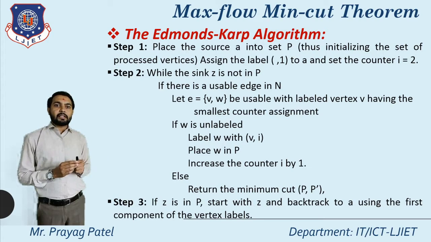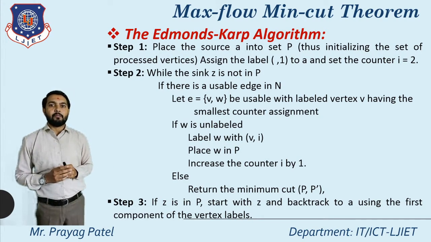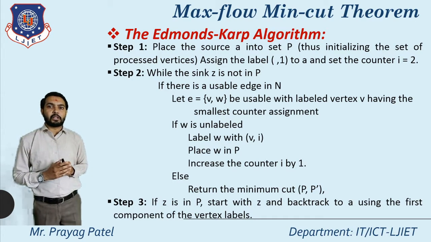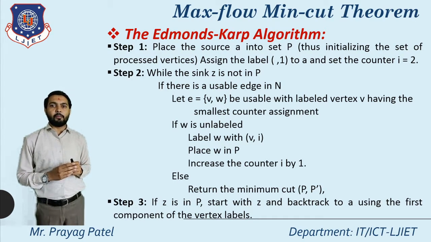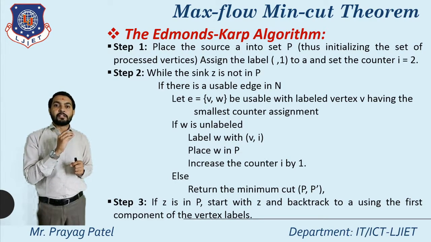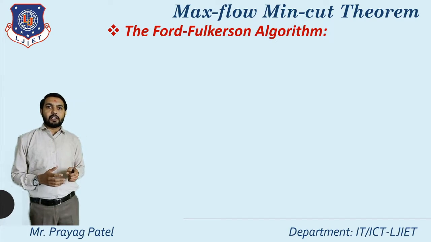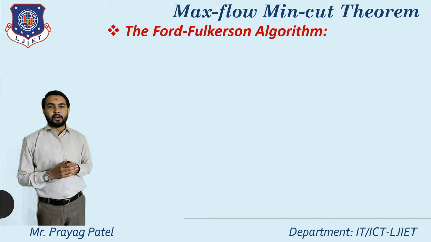So here we use the first component of the vertex label. According to step number 3, we execute the algorithm as the last part. If Z is in P, meaning your sink is available in P, then stop the process and start the backtracking.